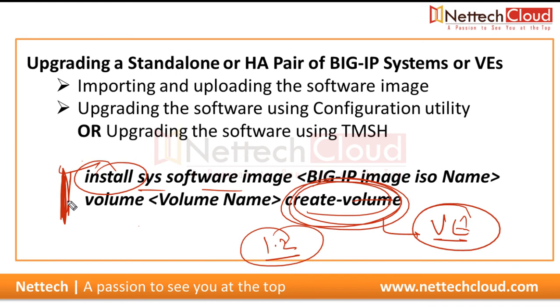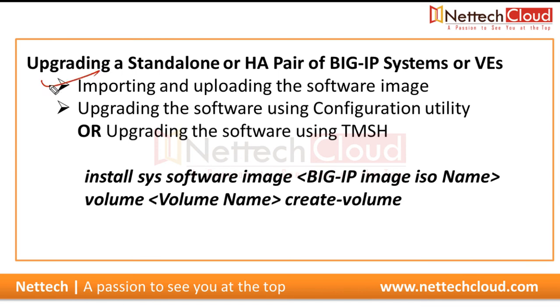Particularly if you are doing the upgrade on virtual systems, there is no way to do that from the graphical user interface, because by default there is only one volume, 1.1. I'll show you that in the lab section. So you have to run the command only, but on hardware appliances, yes, you can even do that from the graphical user interface, also from the configuration utility. So it's up to you then.